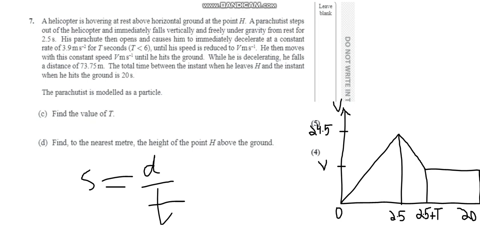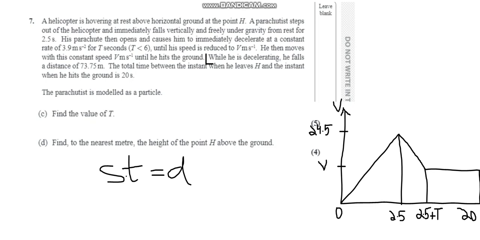We also know our d, which they mentioned in this part. While he is decelerating, he falls a distance of 73.75 meters, and that's the total distance till the 20-second mark. So we'll multiply the t with the speed and set it equal to d, which is our 73.75 meters.